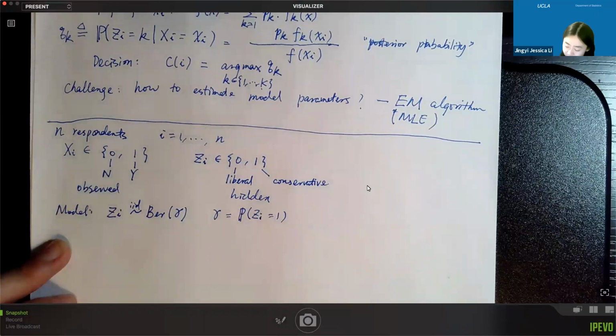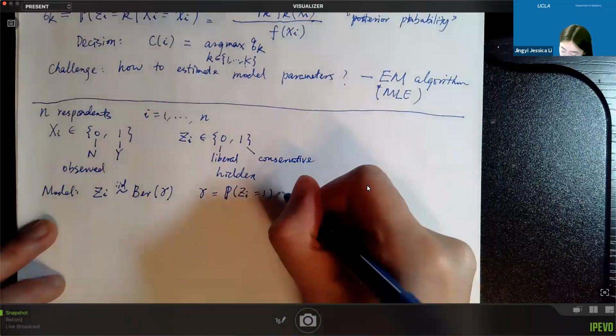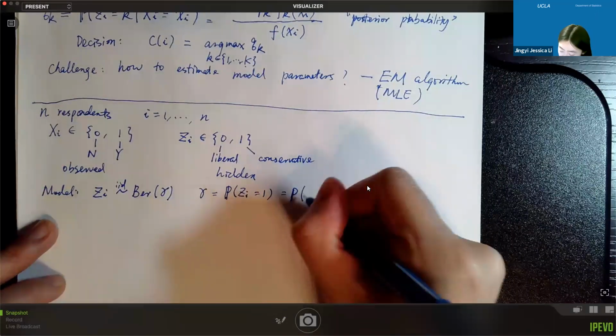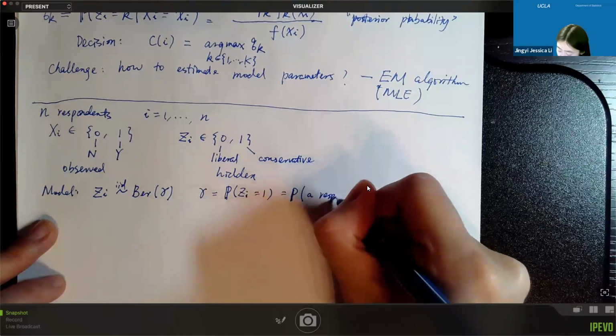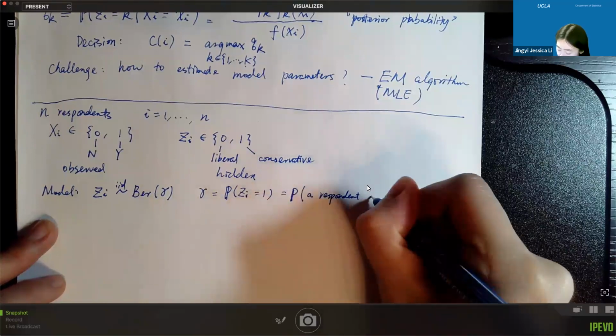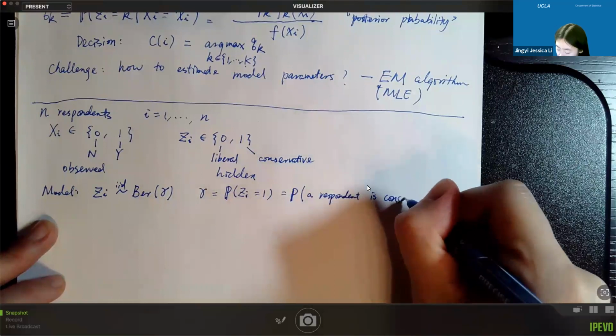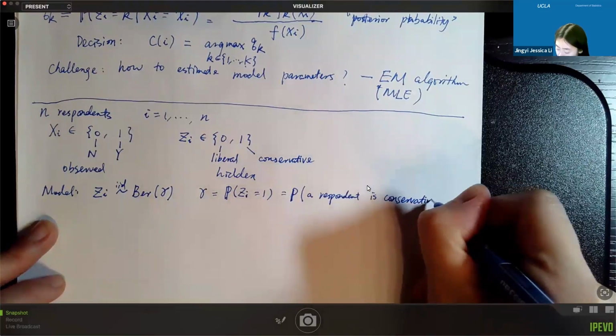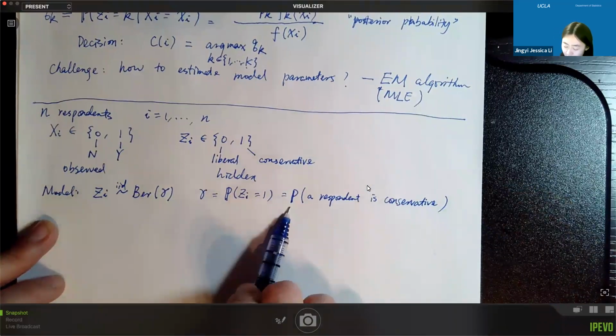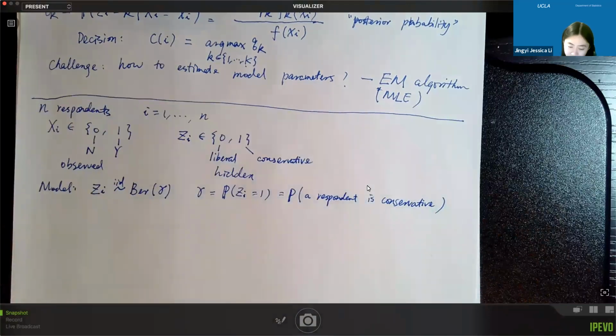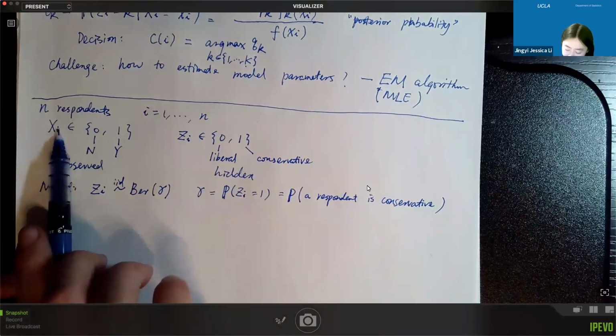And in our definition, it means the probability that a person or a respondent is conservative. This is what we have for a population: what is the percentage of conservative people in our population? And then we are going to draw our xi given the zi.